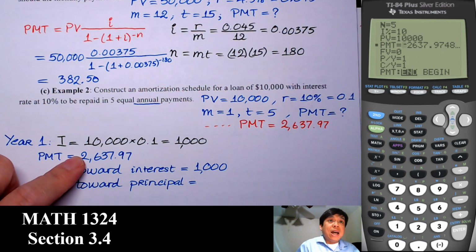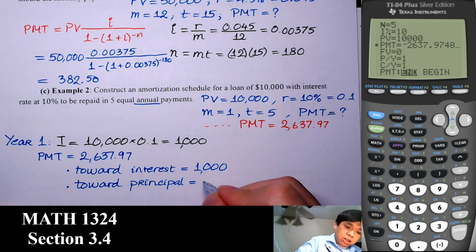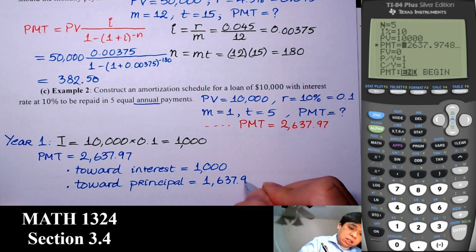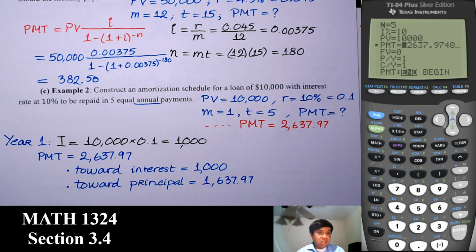Of course, you make that payment, subtract 1,000, and you have $1,637.97. So that much will go toward the principal. So that is after year 1. That's how it works. Now for year 2.